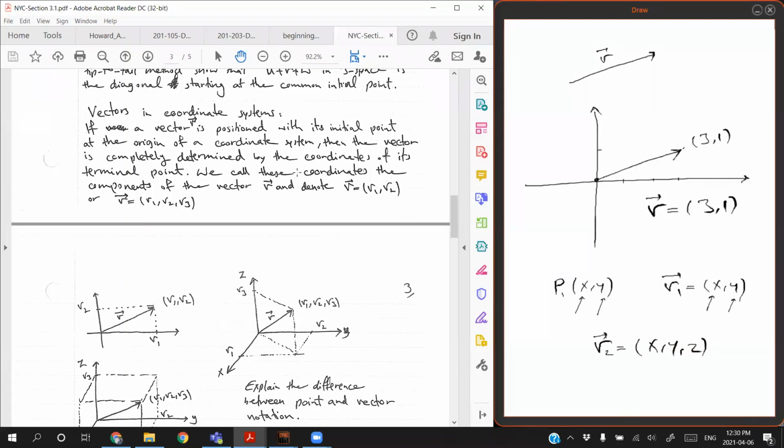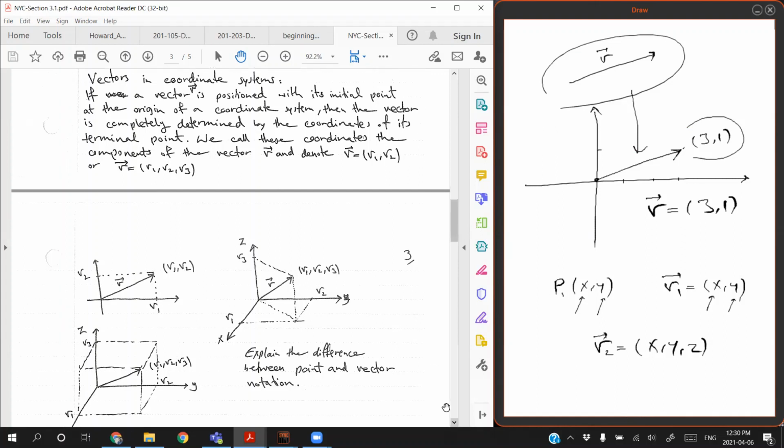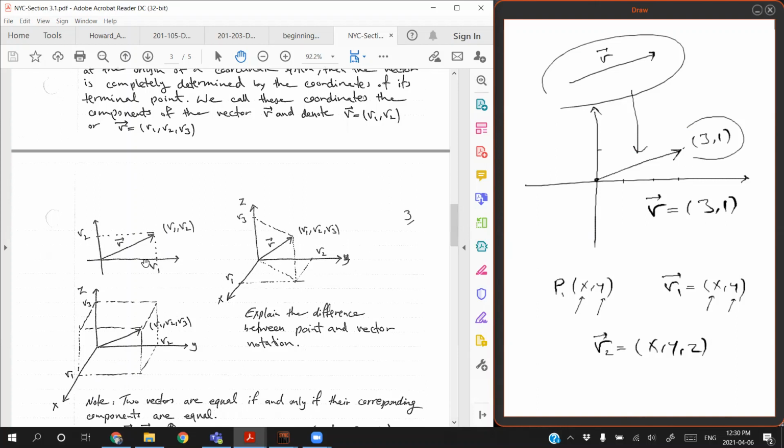So generally, have this in mind: we define the components of the vector by bringing the vector into a standard position and then looking at the coordinates of the terminal point, because those coordinates are the same as the components of the vector. Here you have examples from two-dimensional space: this is the vector with components v1, v2.